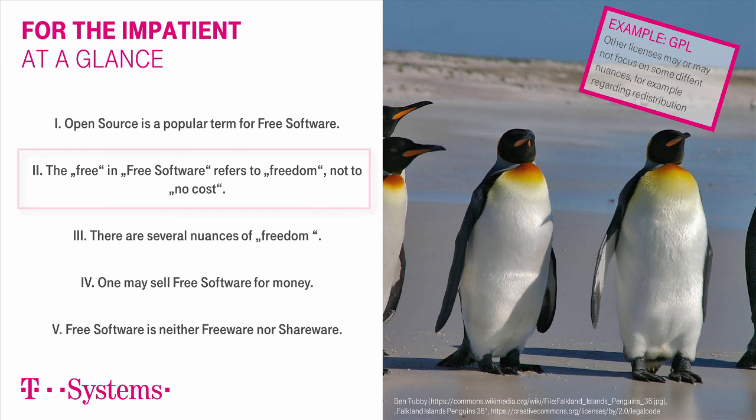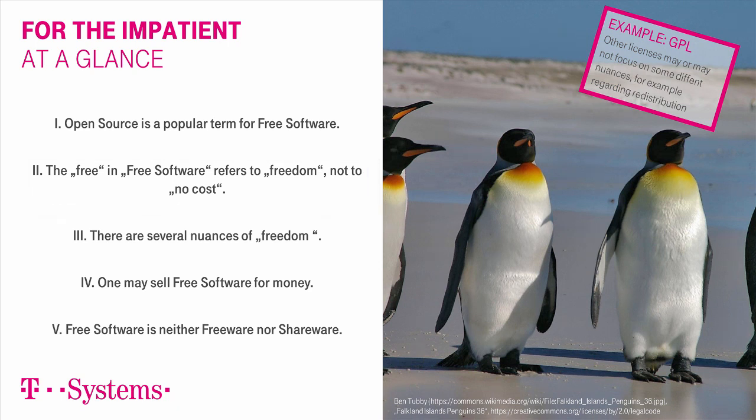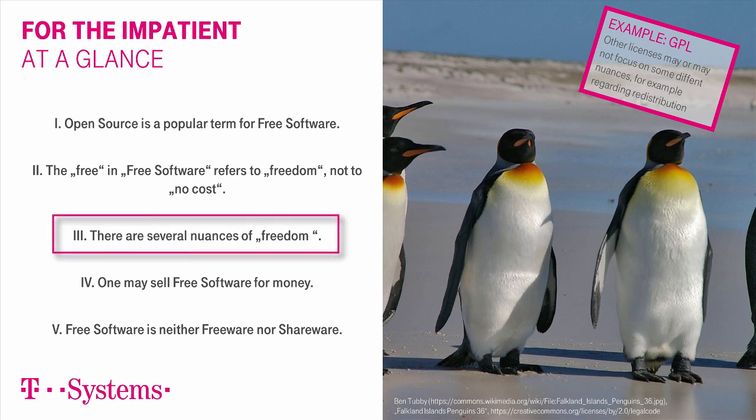But the free in free software refers especially to freedom, not so much to no cost. And actually, freedom splits up into several nuances. So the nuances could be, for example, a right to distribute software and the right to inspect code. We look into this in a moment.